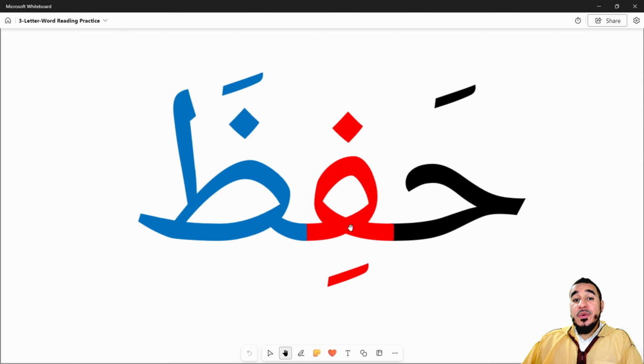And then we have this letter in the middle, the fa, and it has a kasra below it. So we would pronounce this as fi. And the last letter in this word, can you see the little tail here? It's attaching to it like that.